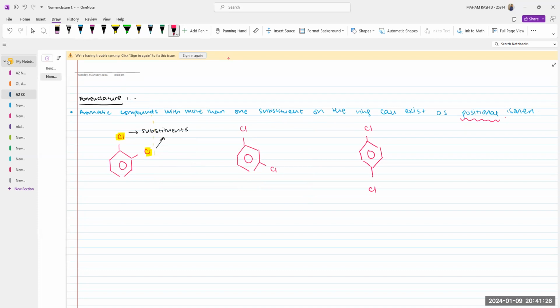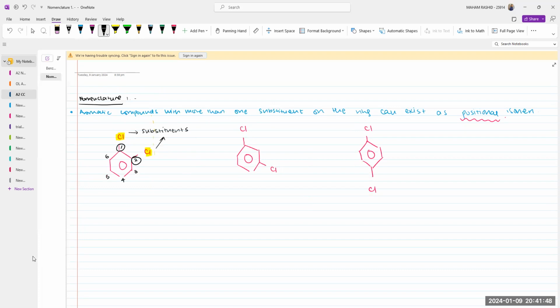Now, how do we come to name these? What we firstly do is we start to number the positions. So this is my first position, second position, third, fourth, fifth, and sixth. Now, where are my chlorine atoms? My chlorine atoms are on the first and the second positions.